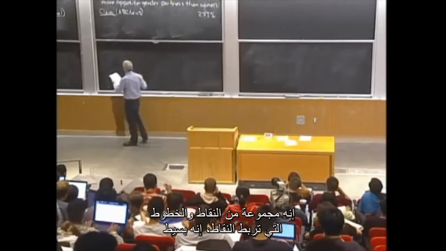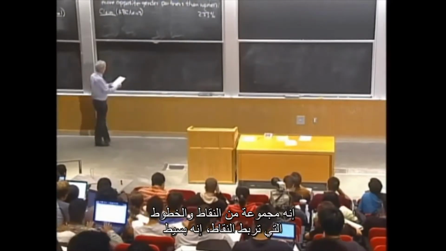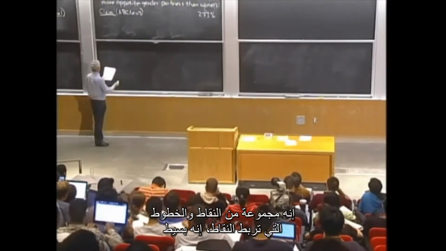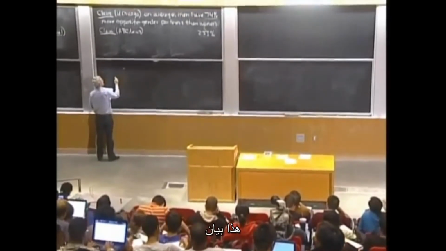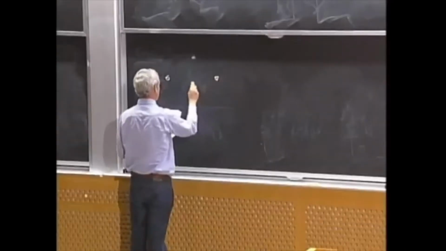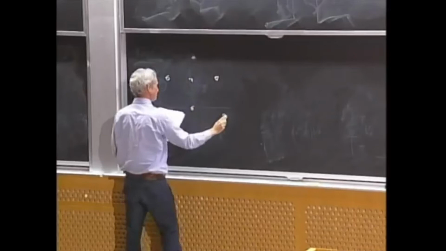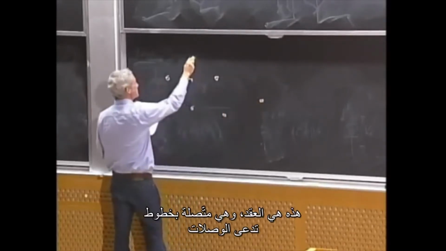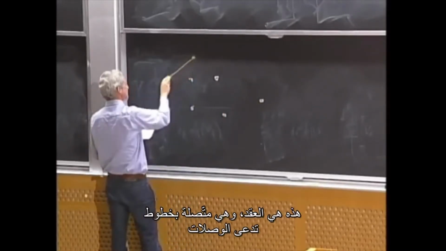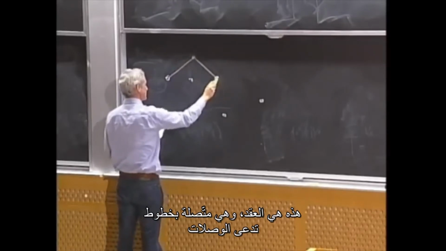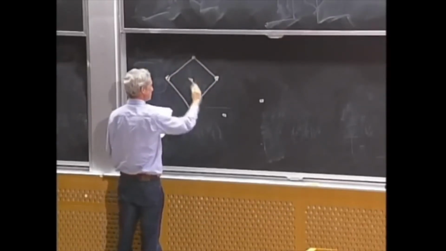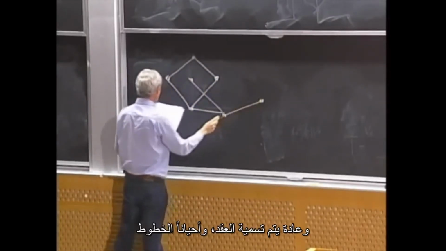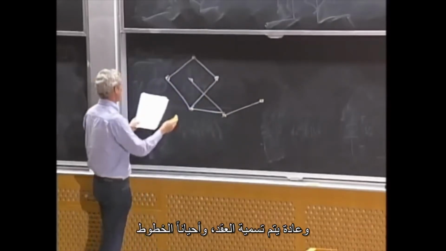Informally, a graph is just a bunch of dots and lines connecting the dots. It's actually very simple. So here's a graph. These are the nodes, and they're connected with these lines that are called edges. And often the nodes and sometimes the edges are labeled.